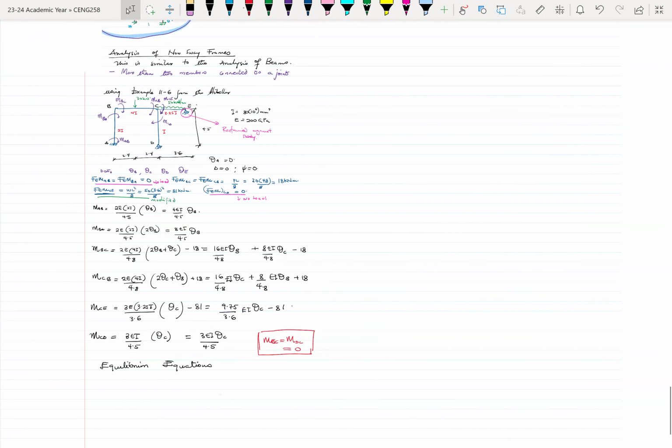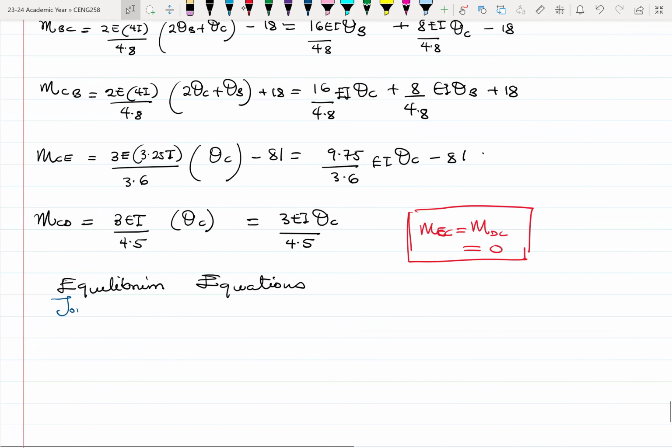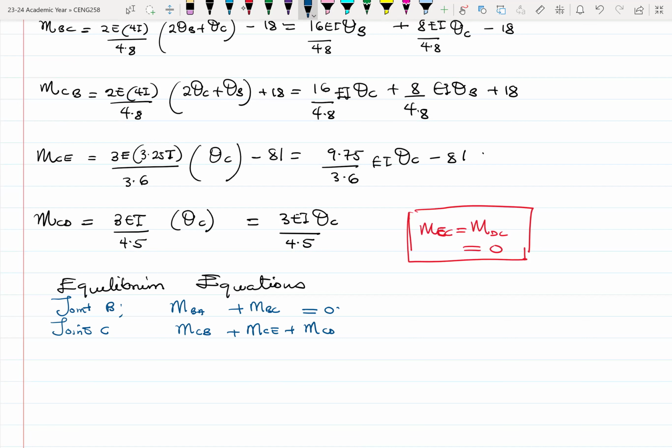Our main interest will be joint B and joint C. For joint B, MBA plus MBC equals 0. In joint C, there are 3 members: MCB plus MCE plus MCD.